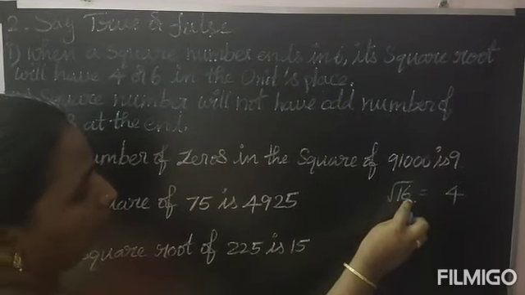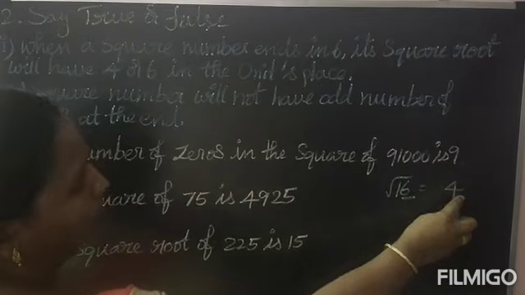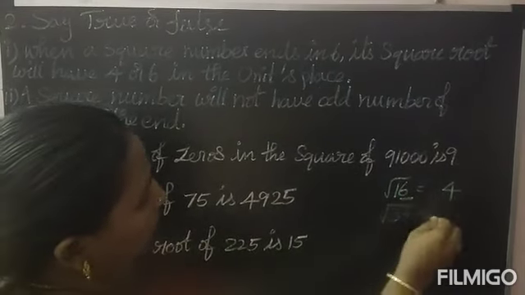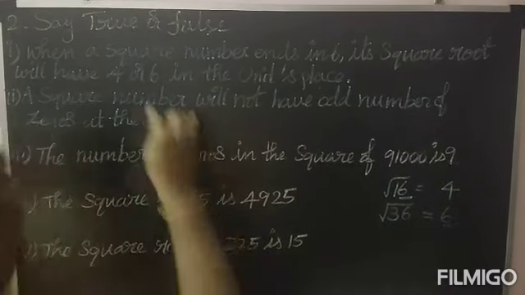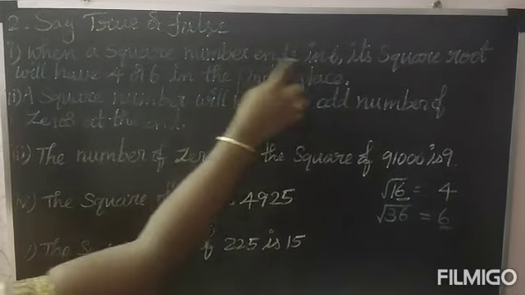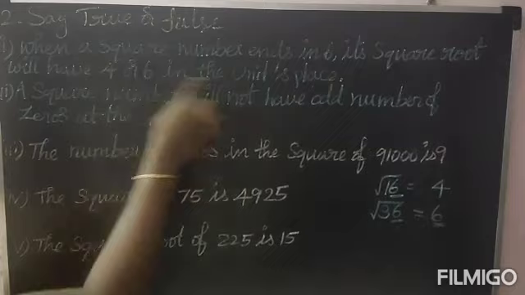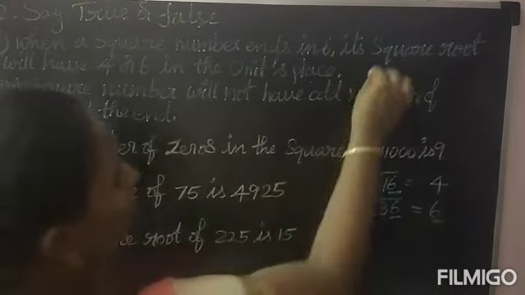The square number has 6 in the unit place. So what is the answer of this square root? 4. Like that, square root of 36, the square root will end with 6. Isn't it? So that only they given. When a square number ends in 6, the square root will have 4 or 6 in the unit place. So this is a true statement.